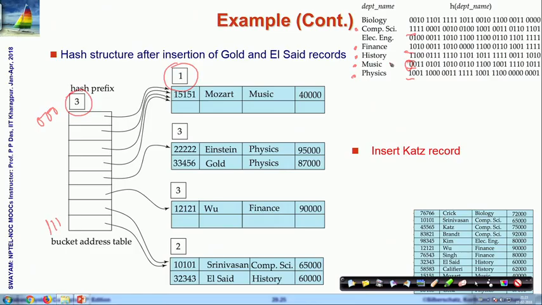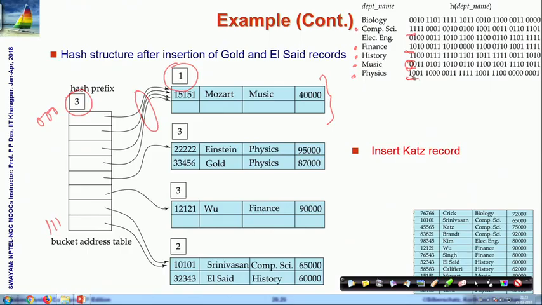So, if I know that it is 0, then it comes to only this bucket and nowhere else. Consequently, all these 4 bucket address pointers actually go to this bucket, whereas these 2, for physics I have 1 0, and for finance we have 1 0 here.